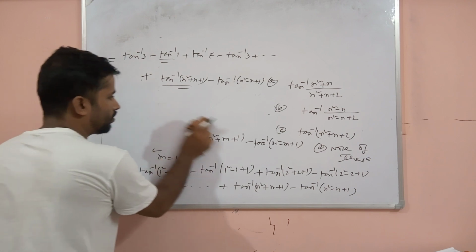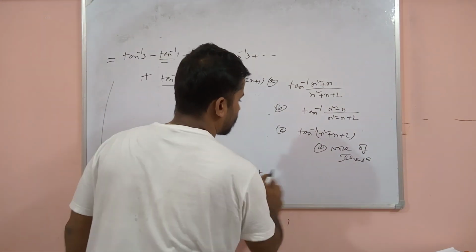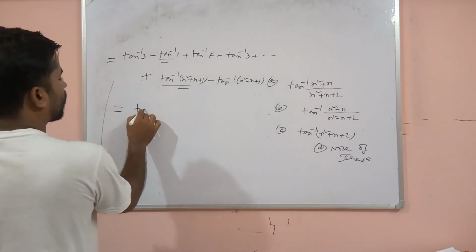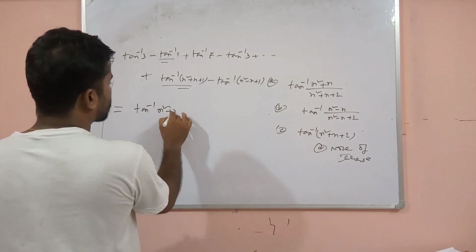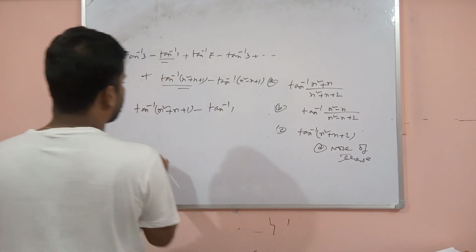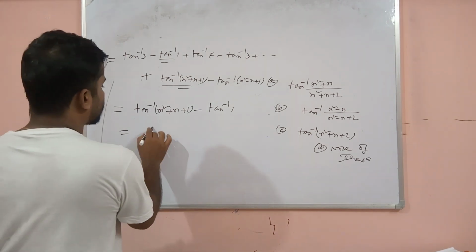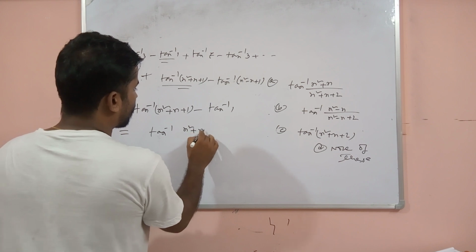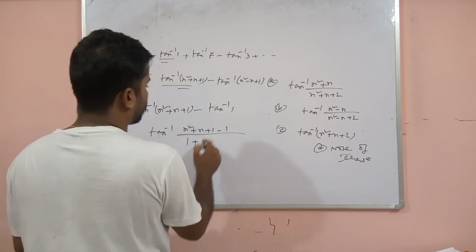Its simplest value would be tan inverse n square plus n plus 1 minus tan inverse 1. Now use the rule of tan inverse A minus tan inverse B, then it is tan inverse of A minus B by 1 plus AB, that is the product of these two.